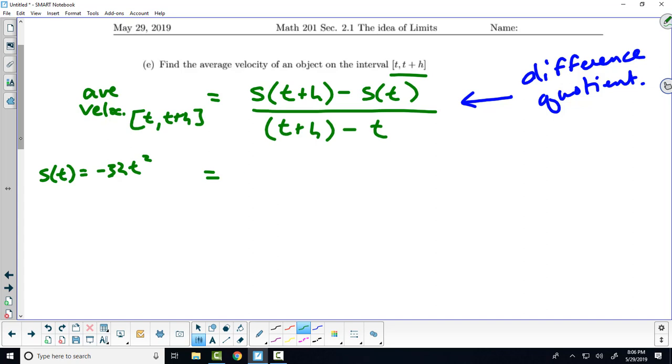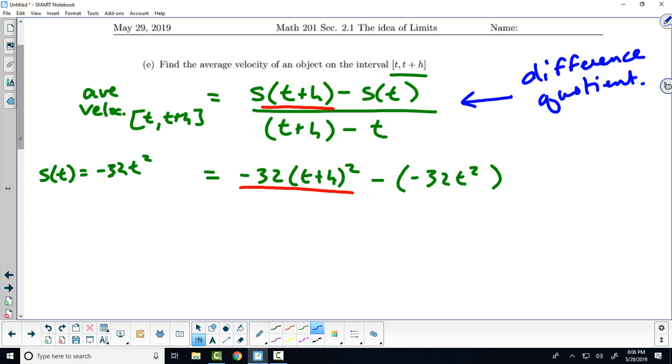So I'm going to write this as negative 32 times t plus h squared. This piece right here is this piece right here. Minus, then here I'm just going to write s of t. Well, that's negative 32 t squared. This part here in parentheses is this part right here. All over, let's see, we got a t plus h minus a t. That just leaves me with an h.